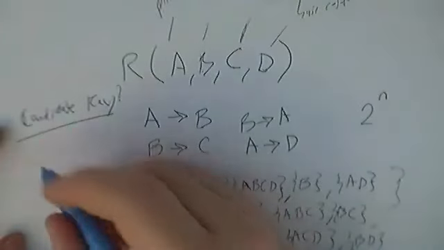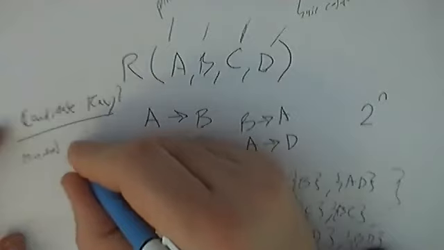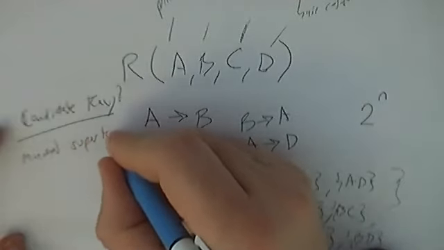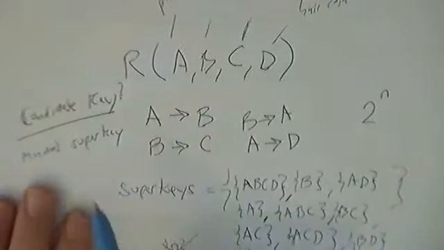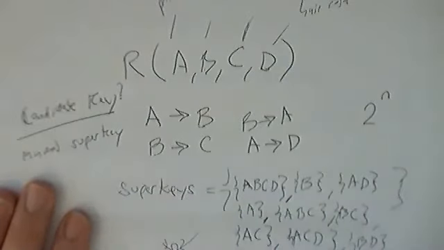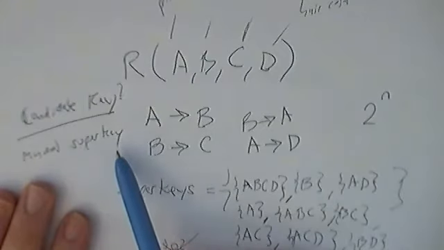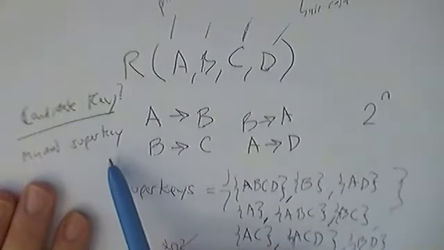A candidate key is simply a minimal super key. So it has to have the super key property, and also any of its subsets are not super keys. You can't take anything away from it. If you take anything away from it, then it's no longer a super key.